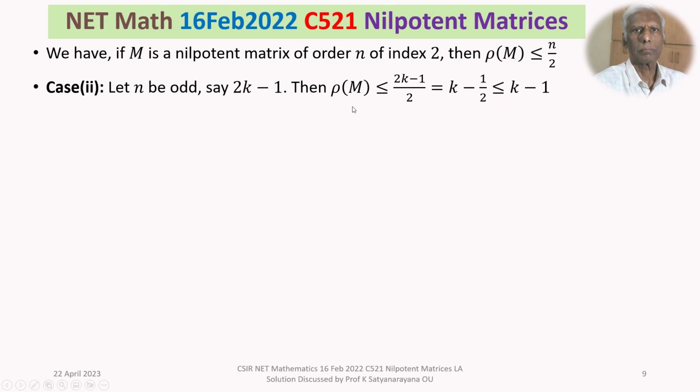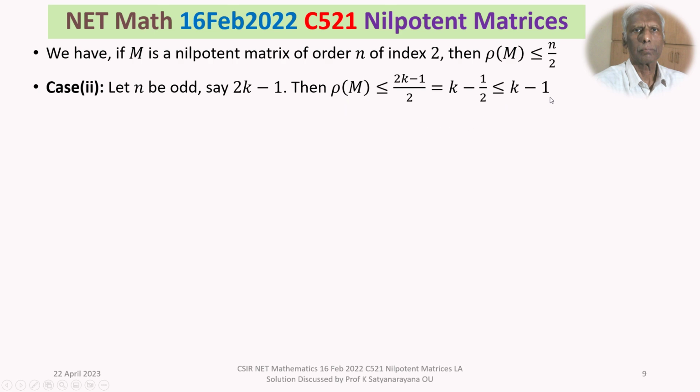This means that the rank of M is less than or equal to (2k minus 1) by 2, the greatest integer not exceeding (2k minus 1) by 2, which is k minus 1. So, anyway, the rank of M is less than or equal to k minus 1.